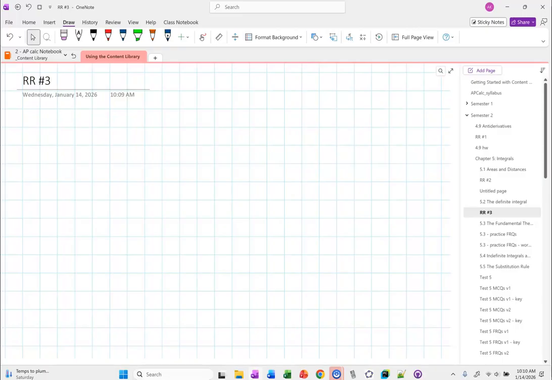I've now written the related rates assessment I'm going to give you. It's just a 30-point assessment, it'll go in as a test grade, but a usual test is 100. This is out of 30, so it's less than a third of a regular test.